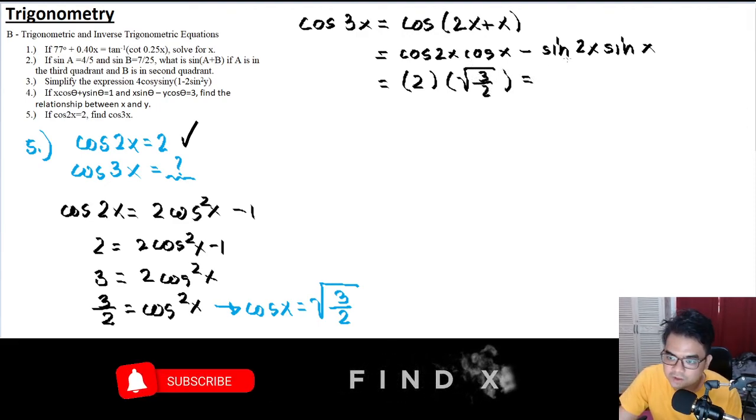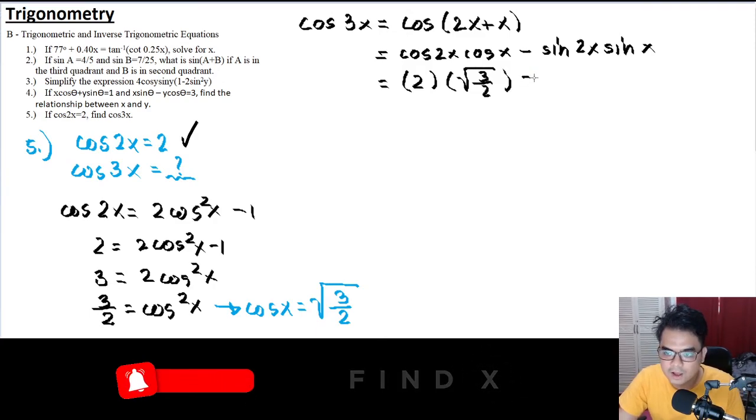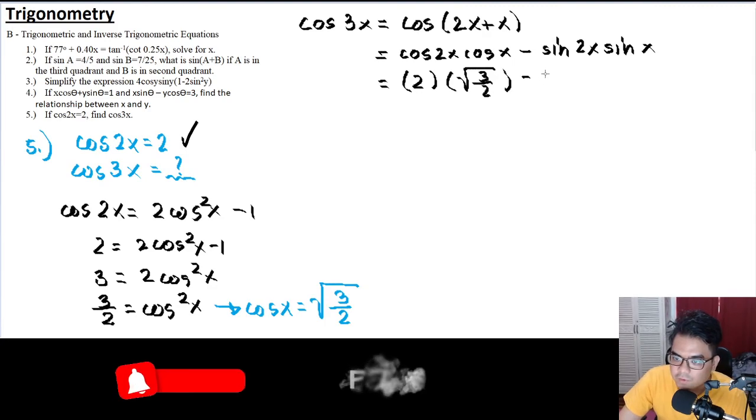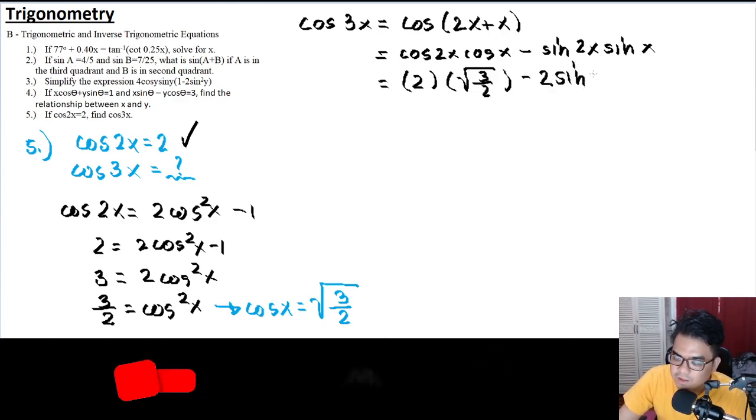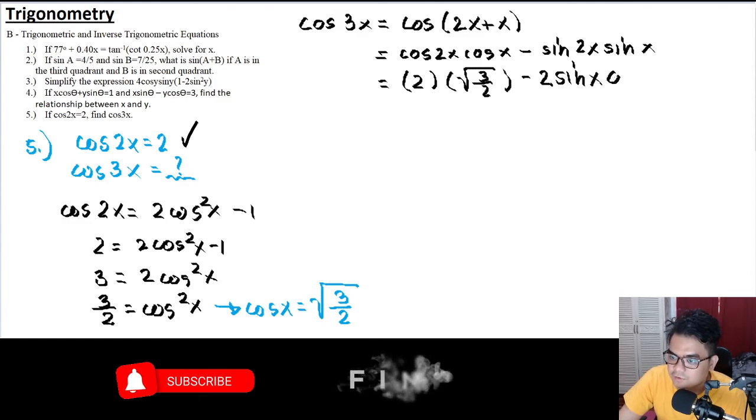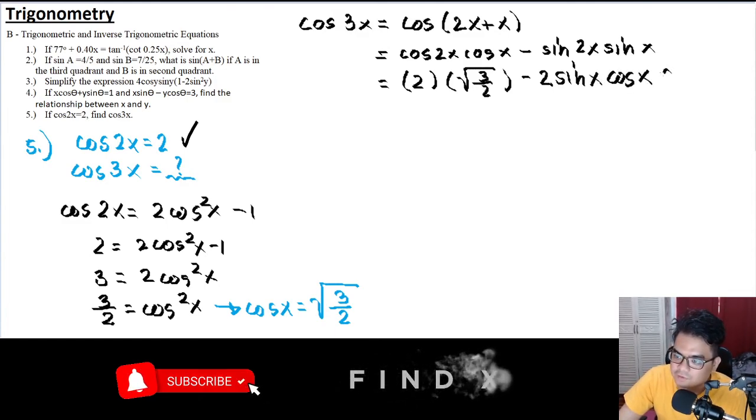And then for the sine 2x, we can again use the double angle identity, which is sine 2x equal to 2 sine x cosine x.